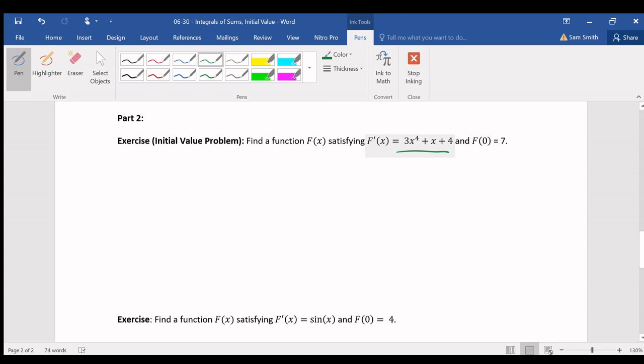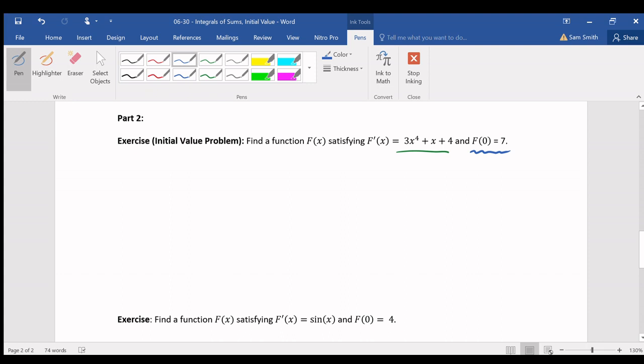But there are an infinite number of antiderivatives for any function, because any constant added to a particular antiderivative will still be an antiderivative. So the question is, of all that infinite collection of antiderivatives, which one satisfies this second property, that capital F of 0 is equal to 7?